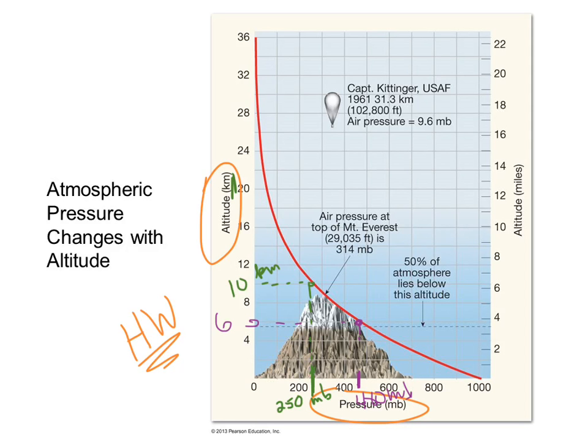Cool. So what about, you think this is sea level? Does that make sense? Oh, good. So what sort of pressure do we have at sea level? About 1,000. Actually, 1,000 millibars. Isn't that handy? Yep.